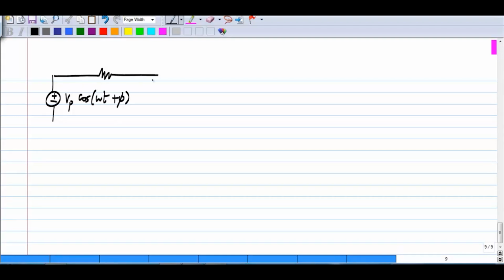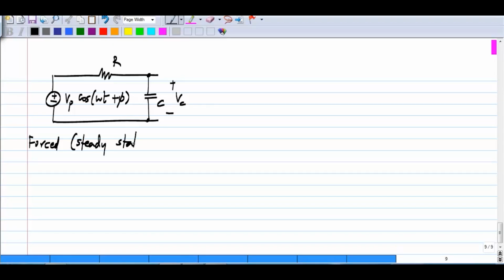when you have Vp cos(omega t plus phi), okay, we know that the forced response for Vc, the steady state response, we have calculated this in many ways.